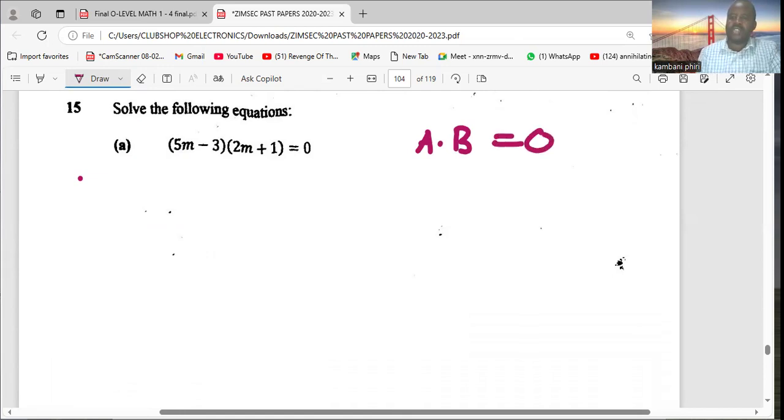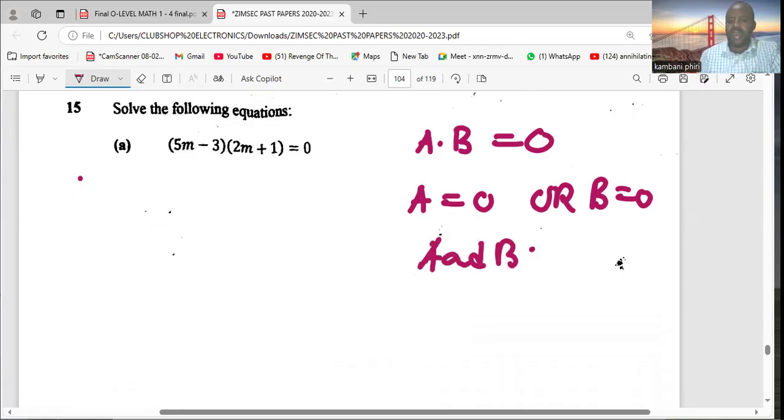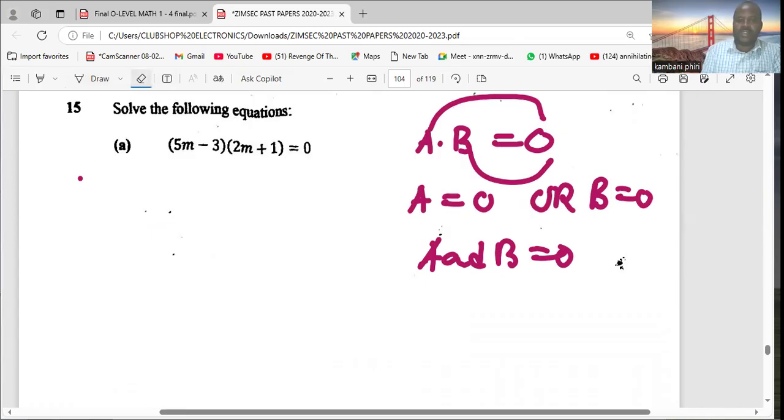That if I multiply two numbers and the product is 0, it simply means either A is 0 or indeed B is equal to 0. The third option is that both A and B are also zeros. All right. So this is 0 and B is equally 0.